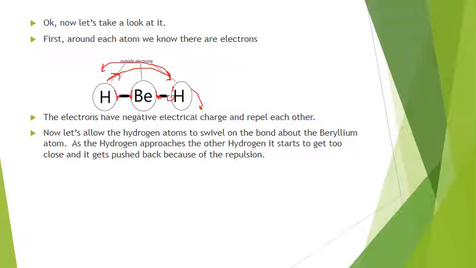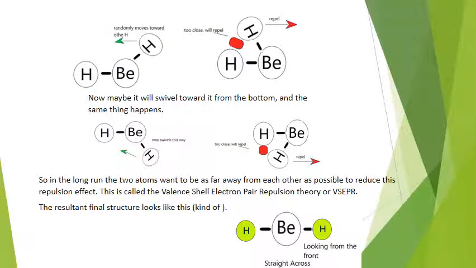You have to think about molecules: atoms are not stationary. They can move around. But they usually find the most stable position that they can be in most of the time, and that's going to be as far away from each other as possible. Here's a diagram of that.